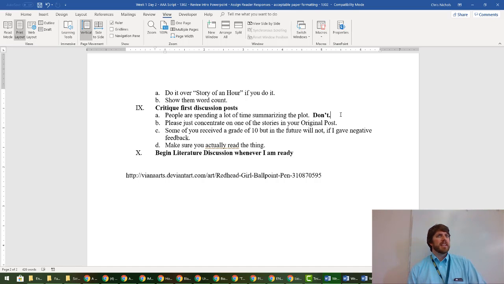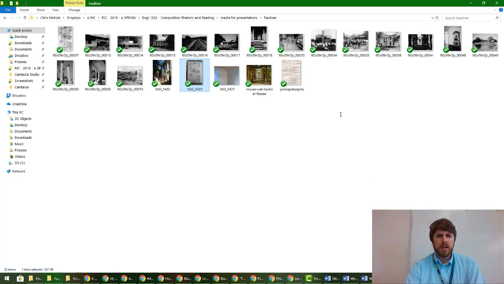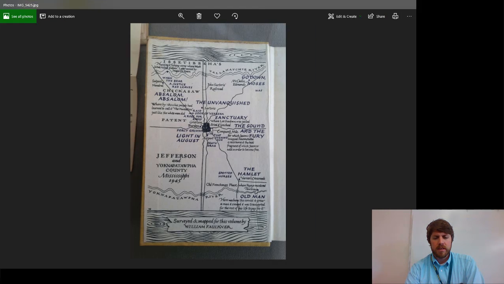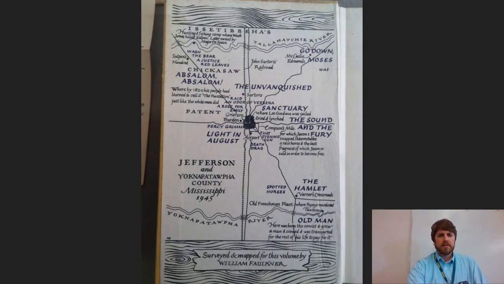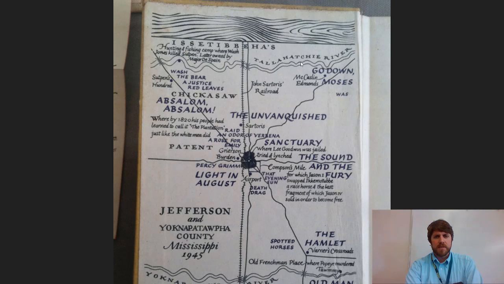The main city in his fake county he created is called Yoknapatawpha County, Mississippi. He set all of his stories there. In one of the pages of his book, he's got his fake county, and you can see they've essentially located all his books somewhere.